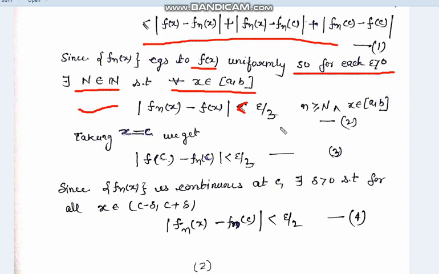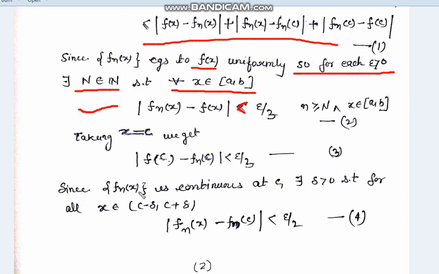Now taking x equal to c in equation 2, because this inequality holds for all x, for the particular c it is also true. That means |f_n(c) - f(c)| is also less than epsilon by 3. This is equation number 3.